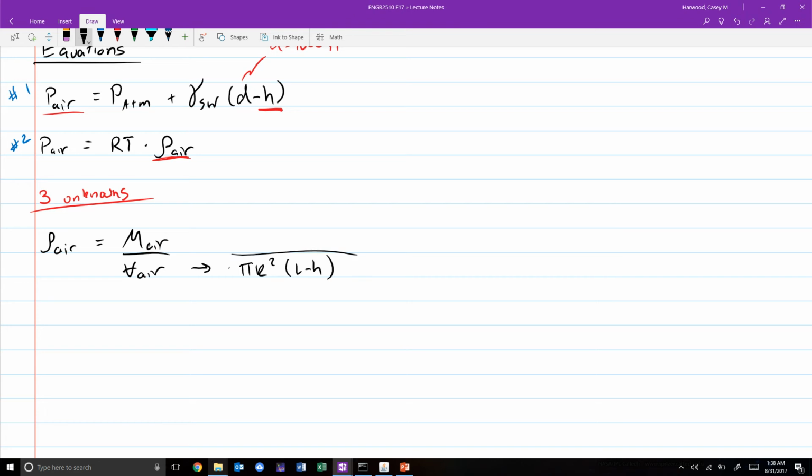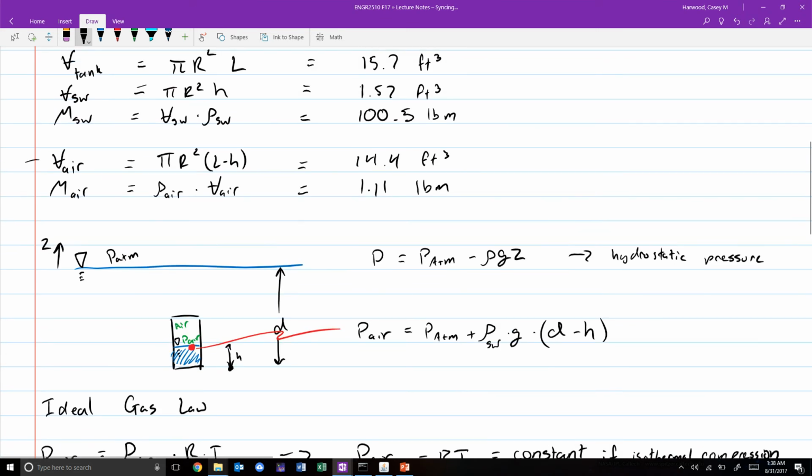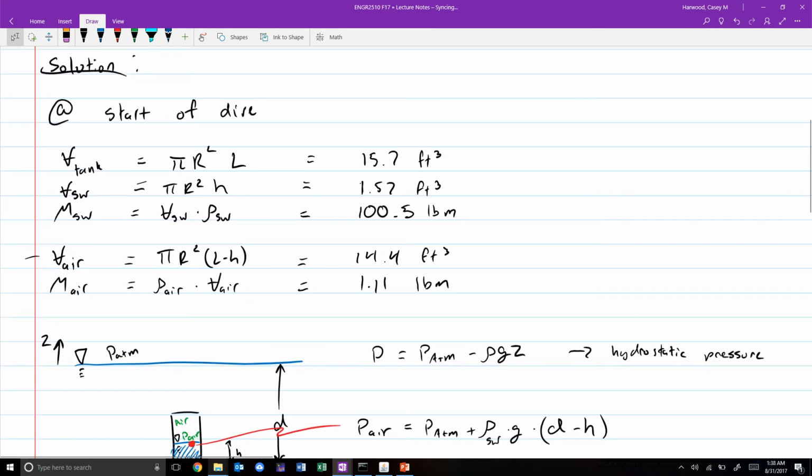And the mass of air, I want you to think about that for a second. Where would we get the mass of air contained within the tank? Well, that's also provided at the beginning of the problem. Mass of air at the start of the dive is 1.11 pounds mass. Now, is there any good reason that should change as this probe dives through the ocean?